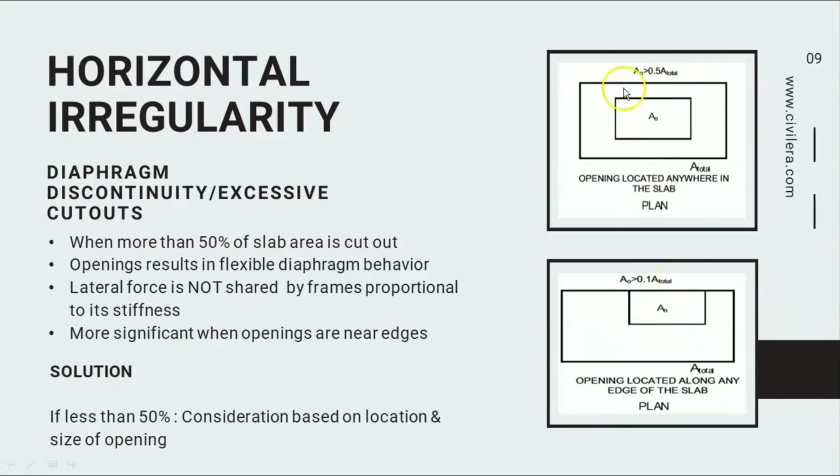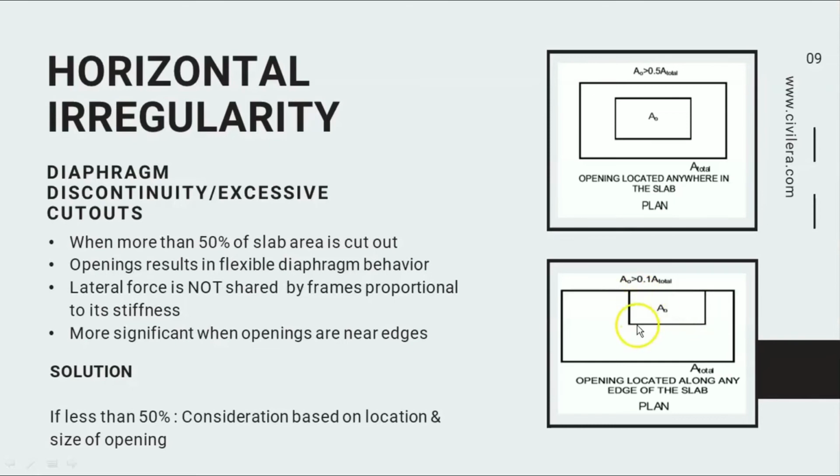So if your area is more than 50% in this case where the opening is in the center, and if the opening is more than 0.1 times the total area in this case when the cutout is at the edge, what happens is, due to the presence of the cutout, proper interaction between the structural members on one side of the cutout and the other side doesn't occur, and this is why we treat this as an irregularity.